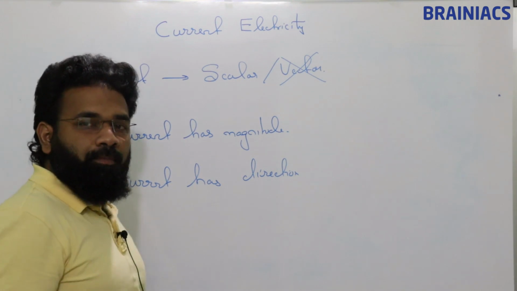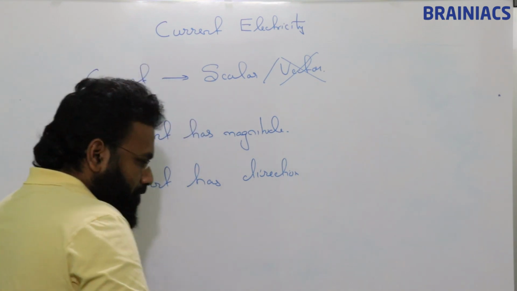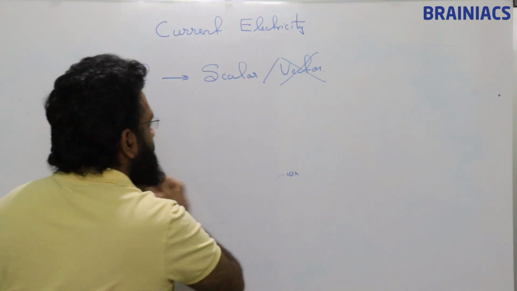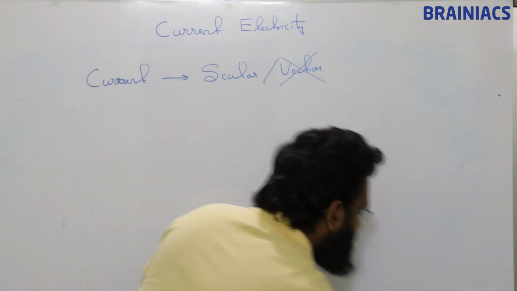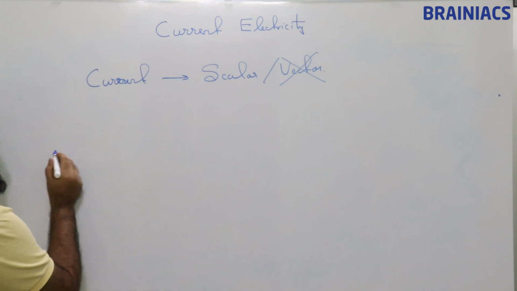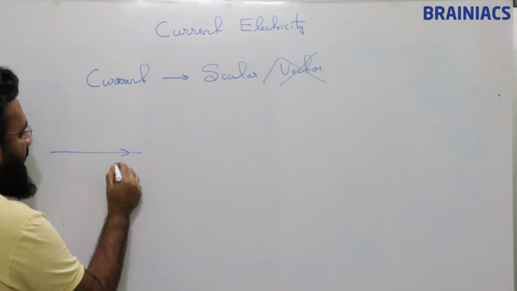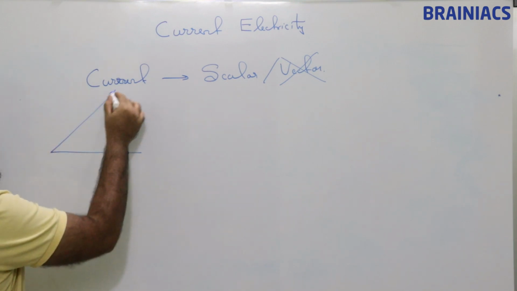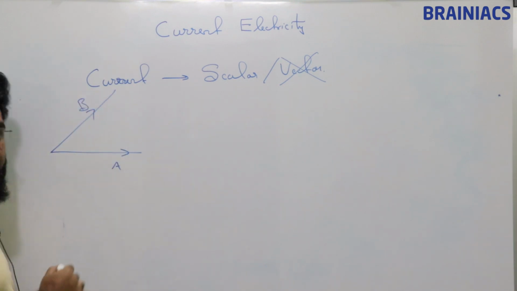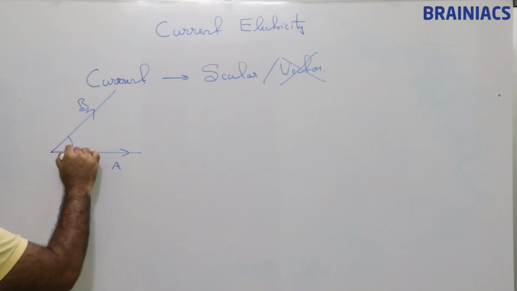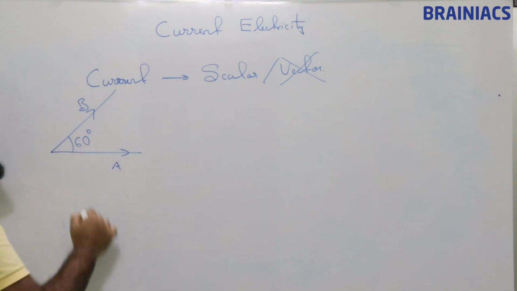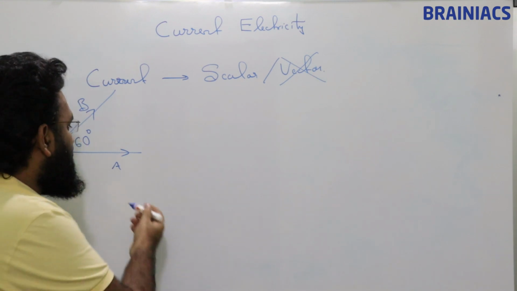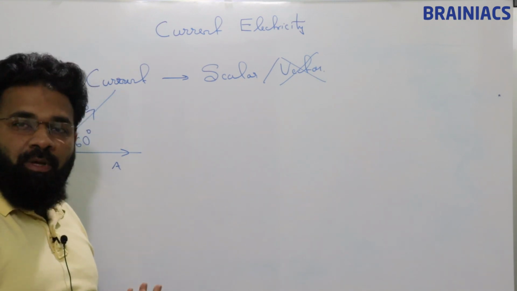Why? Suppose a vector A acts, and another vector B acts like this, with an angle of 60 between them. What is the resultant vector, that is, A plus B?